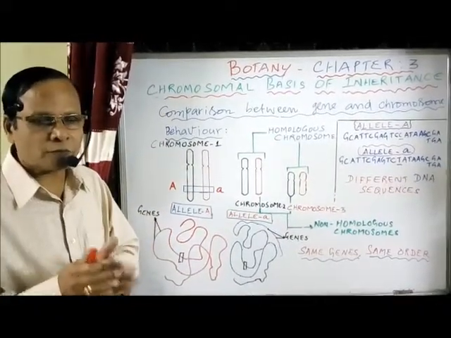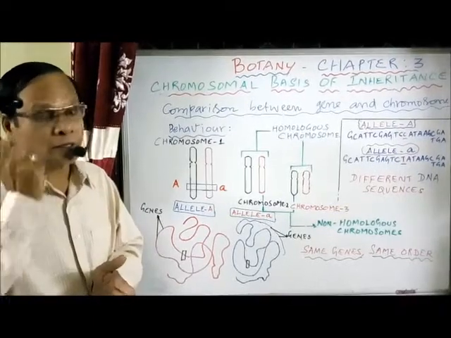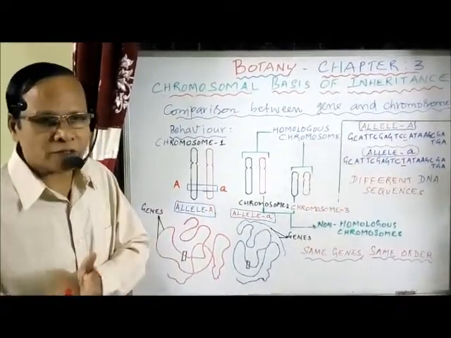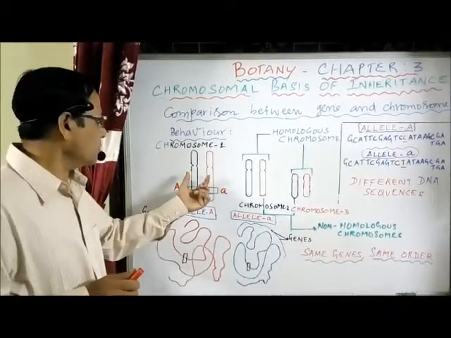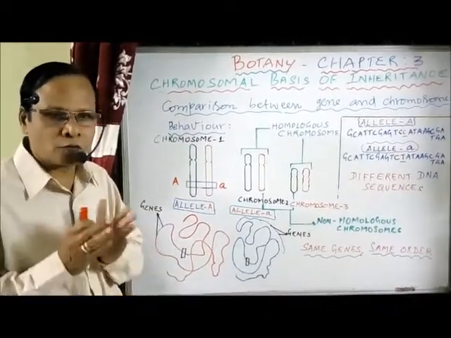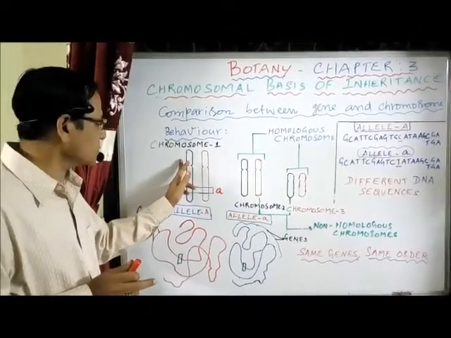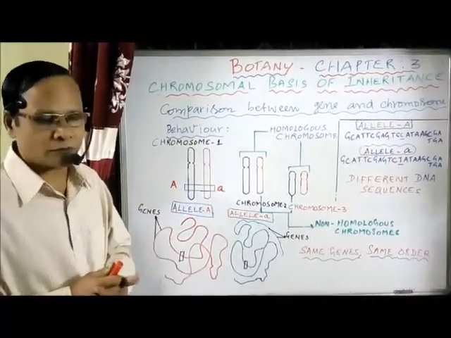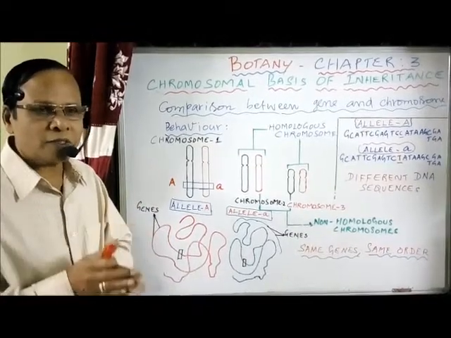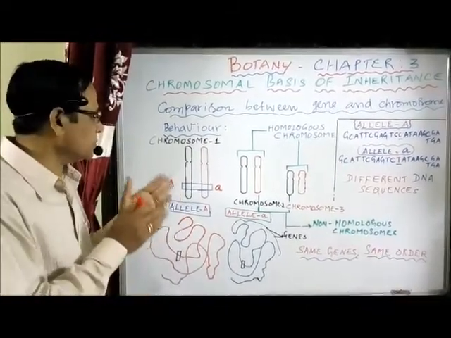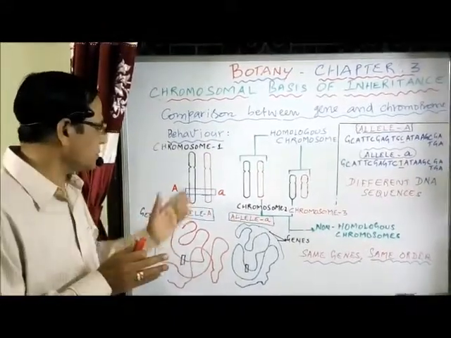Another one is coming from the male parent, for example the red one, called the paternal chromosome. So a homologous pair is normally formed of one maternal chromosome and one paternal chromosome. The sequence of genes, and also size and shape, is normally similar in both chromosomes.